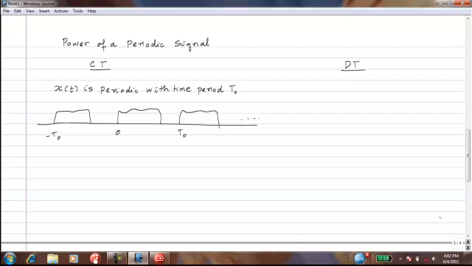The power associated with the signal, on the other hand, is the average of the energy. Since the signal repeats itself, it's enough for me to look at any one period of the signal and take the average over just this period.